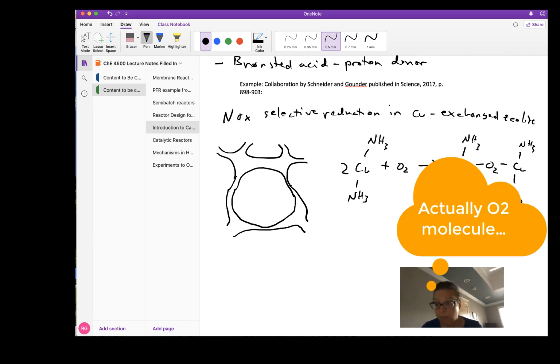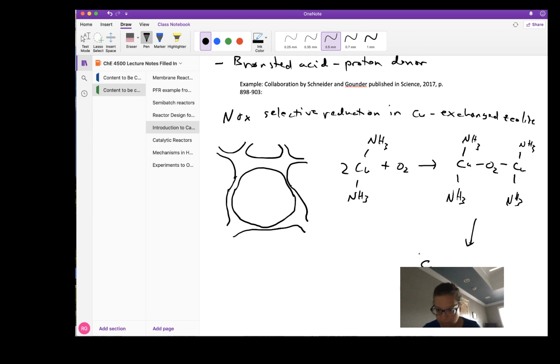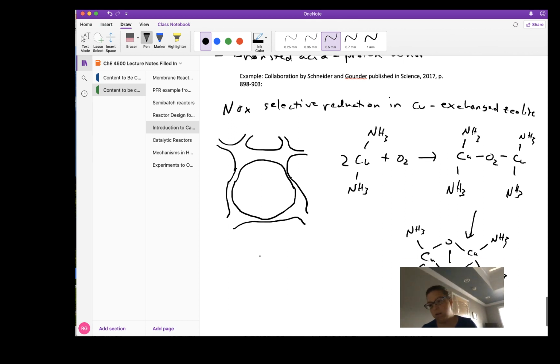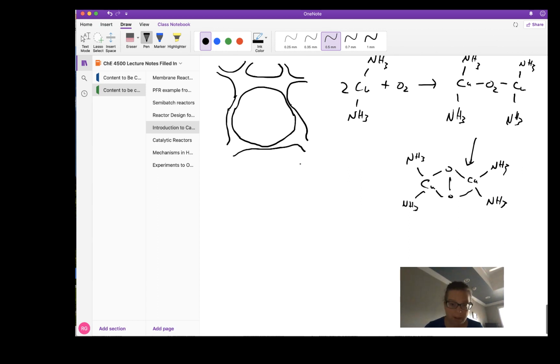The oxygen atom thus breaks, forming a complex. And this is a key step in the mechanism.